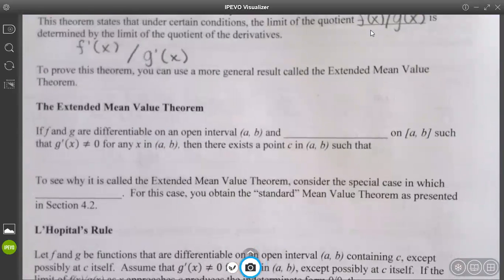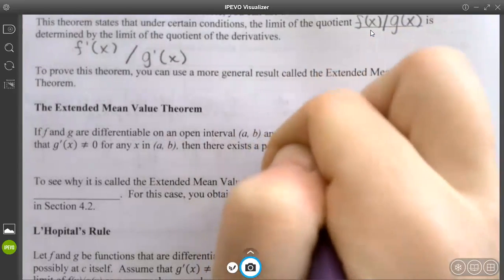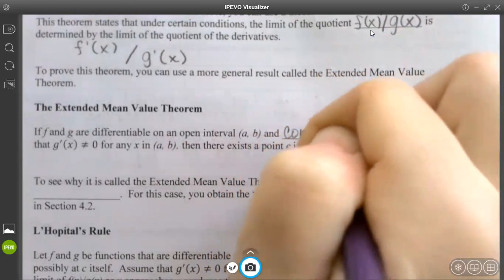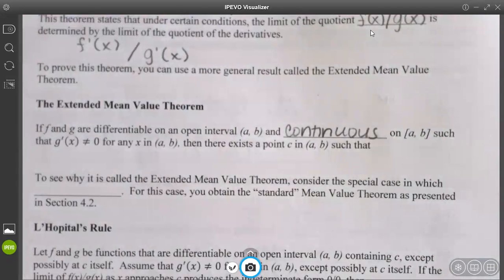So that extended mean value theorem: if f and g are differentiable on an open interval a to b and continuous on the closed interval a to b such that g prime of x does not equal 0. Why do we not want g prime of x equal to 0? It's on the bottom. We can't divide by 0.